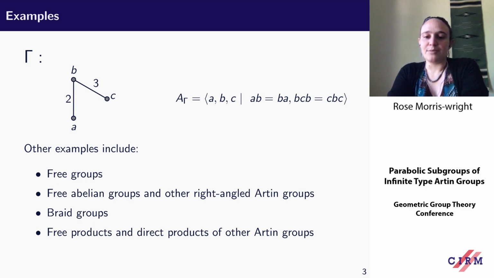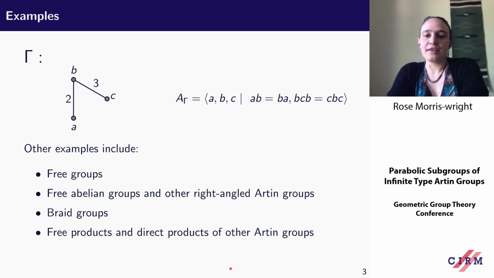Sometimes when you hear people talk about Artin groups, what they really are talking about is right-angled Artin groups, but in this talk we're talking more generally. Another example of Artin groups are braid groups. And finally, if you take 2 Artin groups and you take their free product or the direct product, then you get another Artin group. So this is really a very broad class of groups.